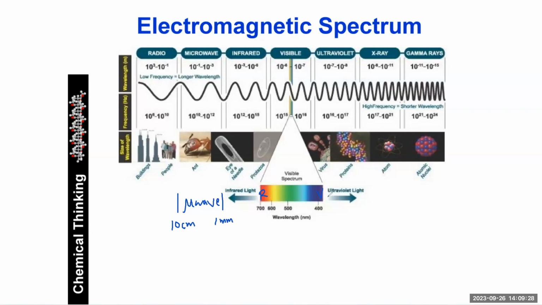Ultraviolet, which has wavelengths lower than 400 nanometers. Then we have X-rays and gamma rays, but in our class we will stick with between microwave and ultraviolet radiation. That's it. Do we have any questions, concerns, comments at the moment? Anything?